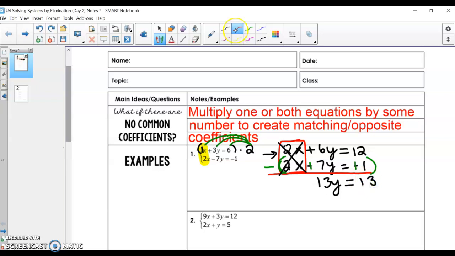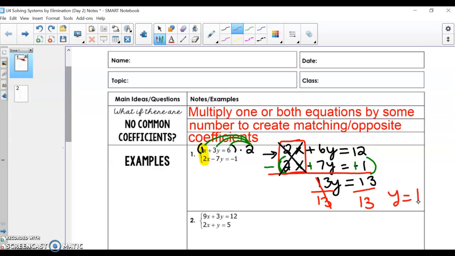Then we need to solve it, so we divide by 13, and these would eliminate, technically. And y equals 13 divided by 13, which gives us 1. So that's our y for this equation. Then you're going to go back and plug that 1 in for y in one of the other equations.